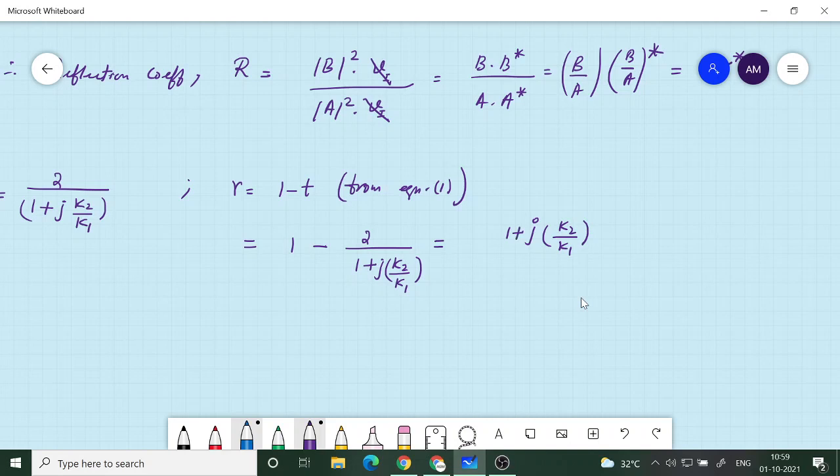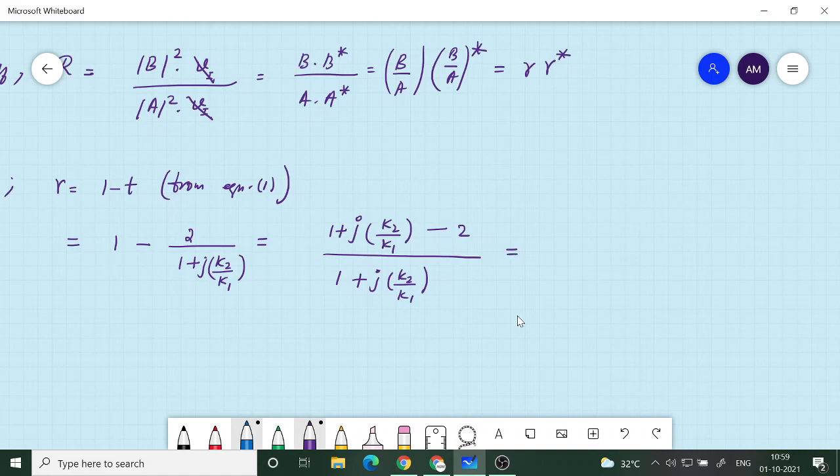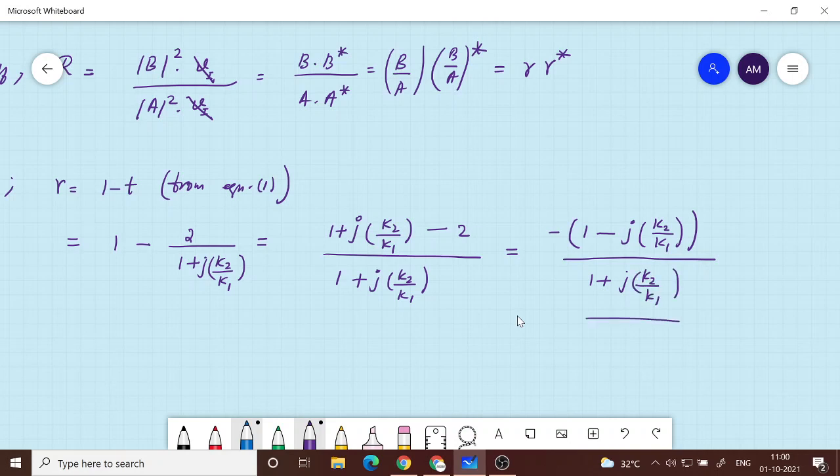So this is 1 plus j k2 by k1 minus 2, divided by 1 plus j k2 by k1, which is equal to minus 1 plus j k2 by k1 divided by 1 plus j k2 by k1. So this is what we get as R.